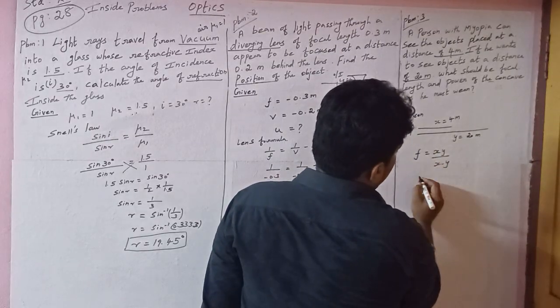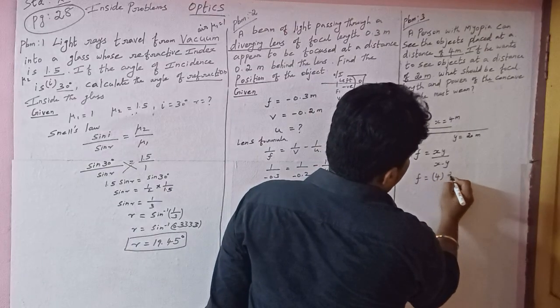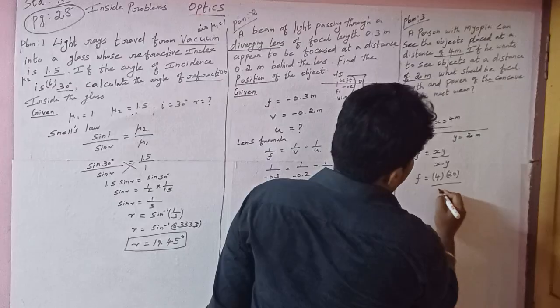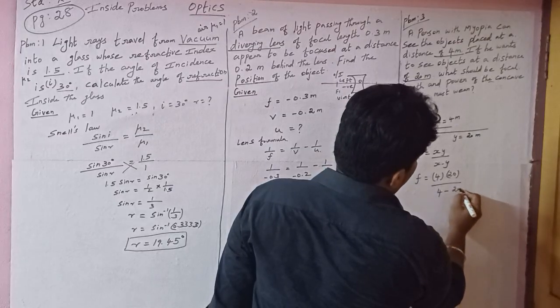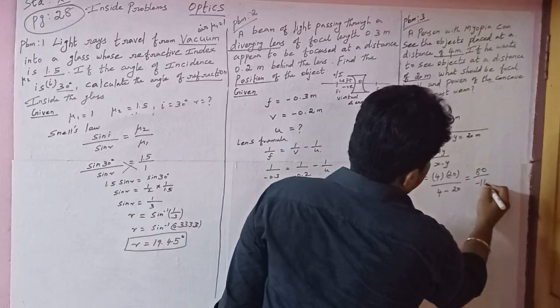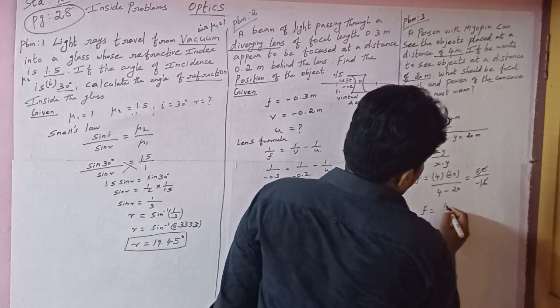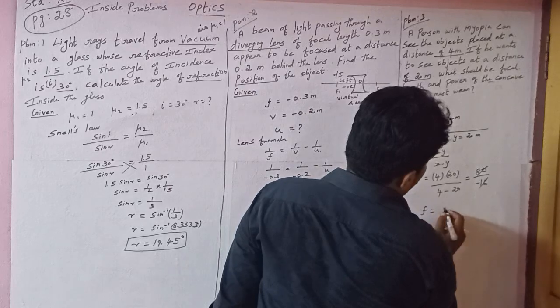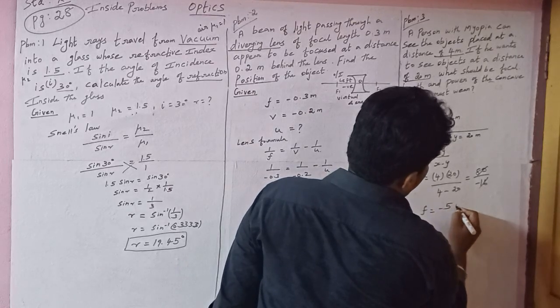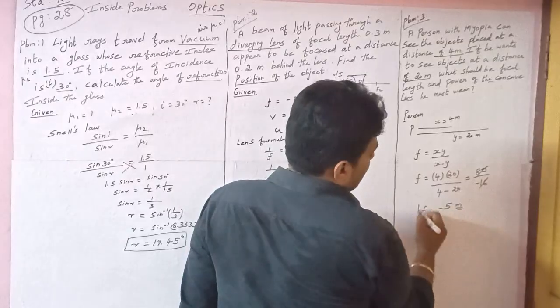Substituting the values, f equals 4 into 20 divided by 4 minus 20. 80 divided by minus 16. Dividing, f equals minus 5 meter. What is the unit of focal length? Meter.